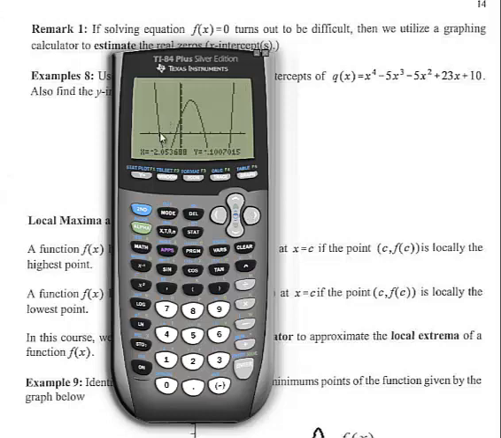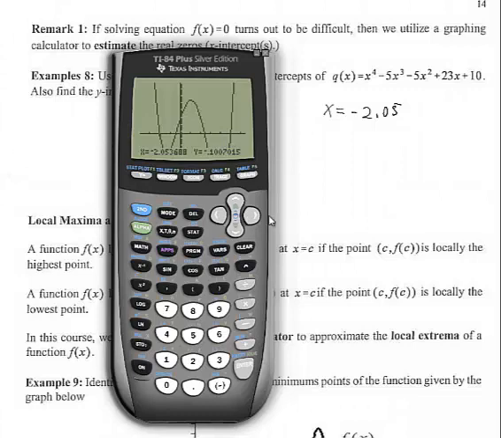Okay, looks like I'm right on top of that x-intercept, and below at the bottom of the graph I can read out the coordinates. So I am going to write x equals negative 2.05.